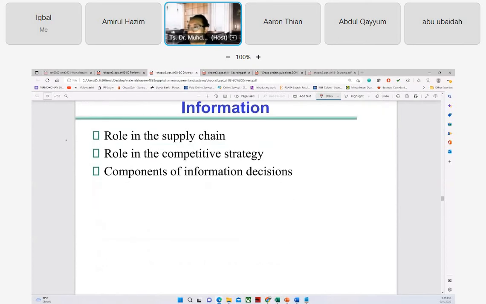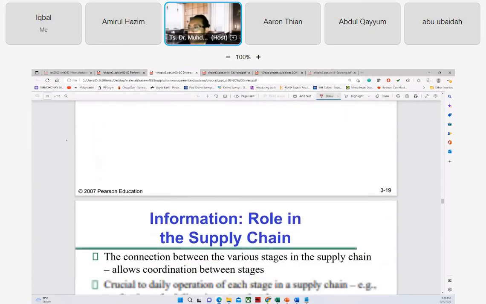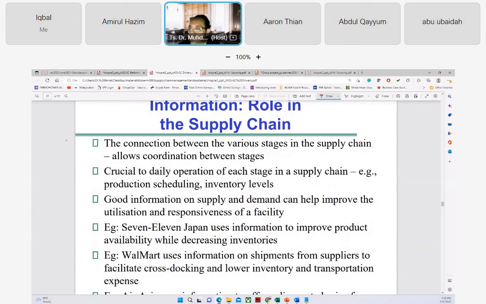So, the role of information in the supply chain. We are going to learn about this. Information is the connection between the various stages in the supply chain and allows coordination between stages. It is crucial to the daily operation of each stage, for example, production scheduling and inventory control.